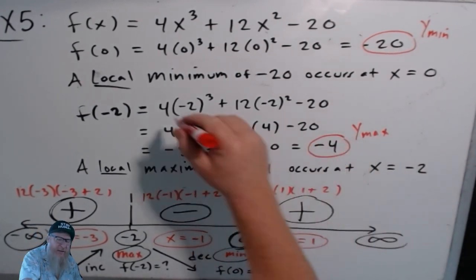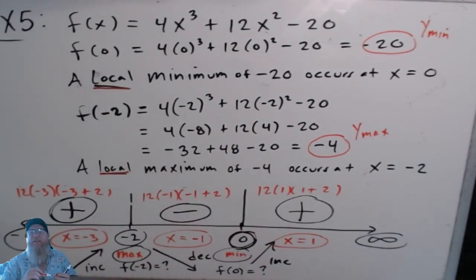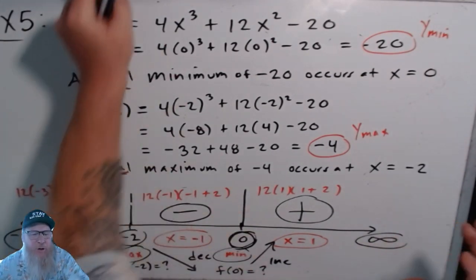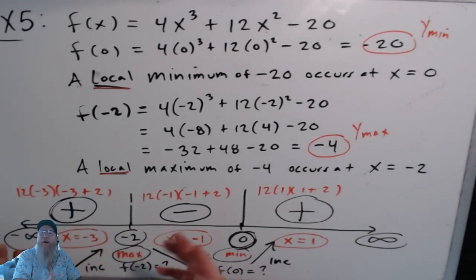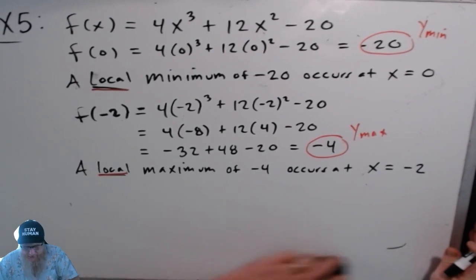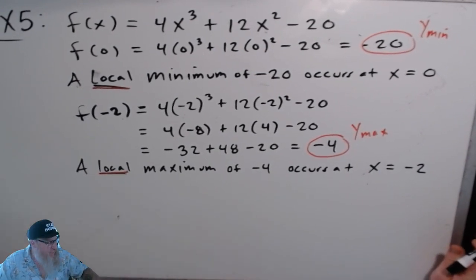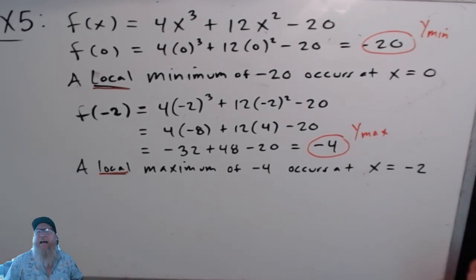Now it's called a local maximum because it's within a neighborhood, in that general region, this is the highest point. It doesn't mean it's the largest point in the entire graph. It just means it's the largest in that area.